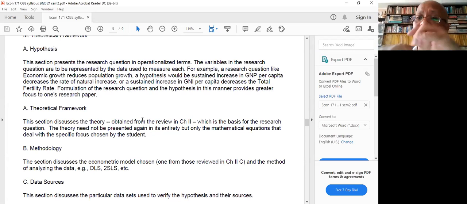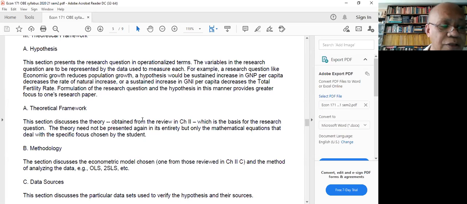Now, this theory provides so many other explanations, but that was one particular aspect. And perhaps that is what you would decide to discuss only here in your chapter 3 theoretical framework. Okay.